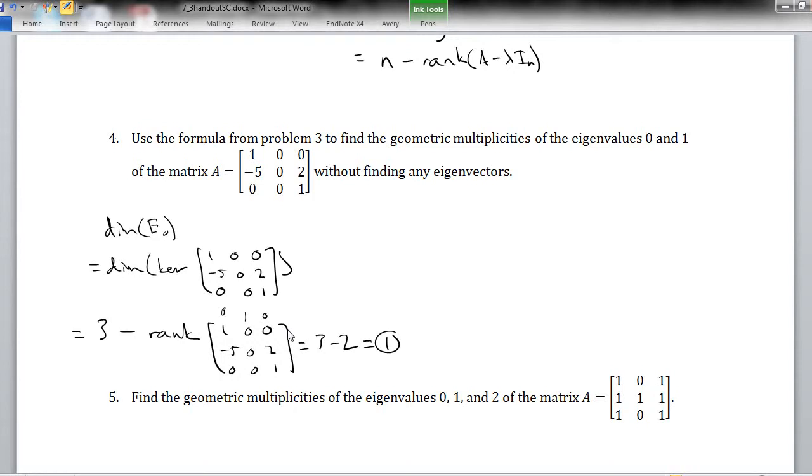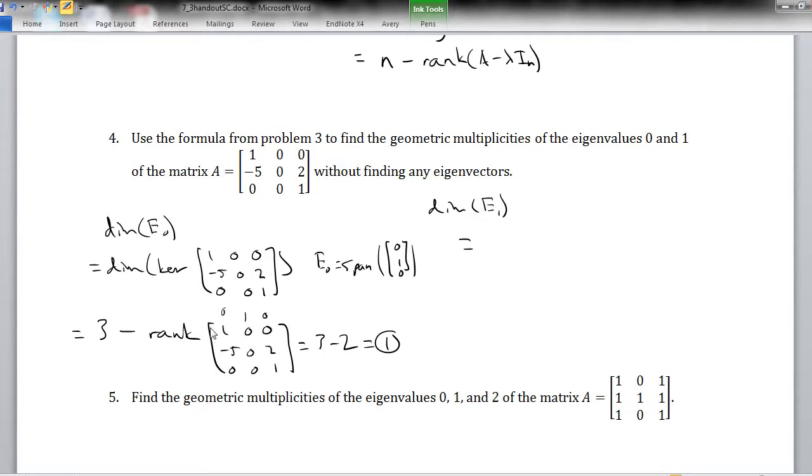So the eigenspace E0 is actually the span of just that vector. And that's enough. That's the whole eigenspace. Okay, so what about the one eigenspace? Let's think about the dimension of E sub 1 now.